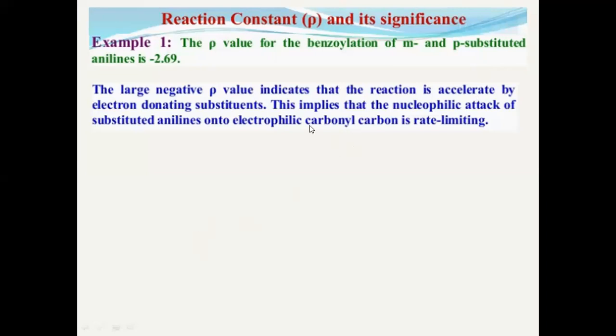Why? Because that will make the aniline more nucleophilic, and therefore the nucleophilic attack of substituted aniline on this benzyl carbon is the rate limiter.